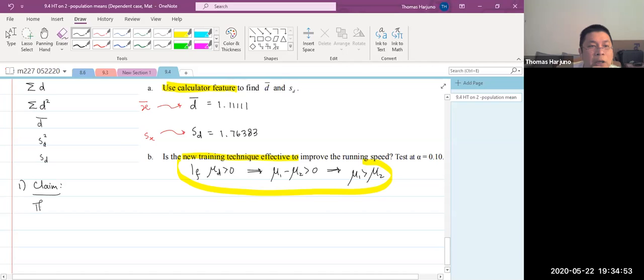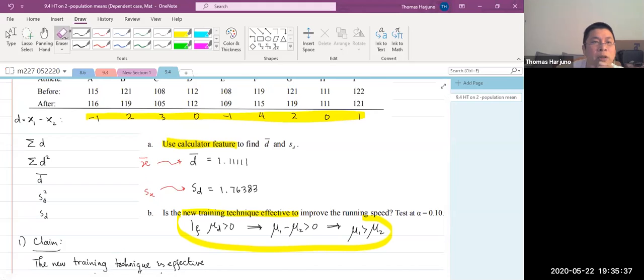So the claim will be: the new training technique is effective to improve the running speed. The alpha is 10%, which is quite unusual.